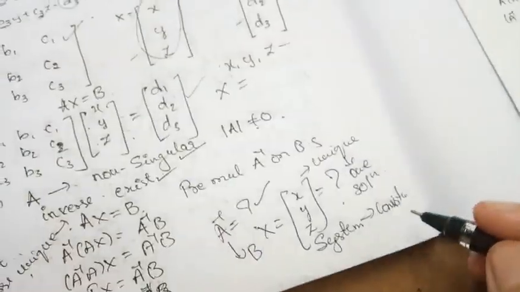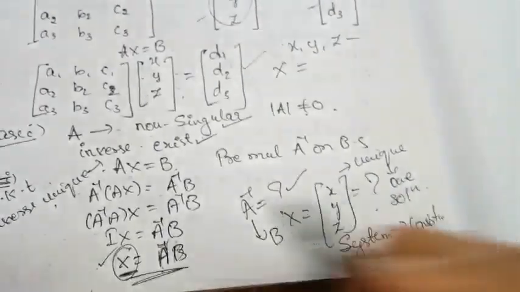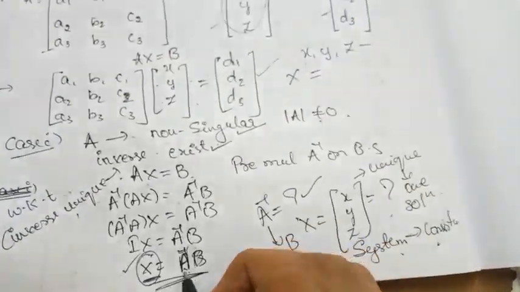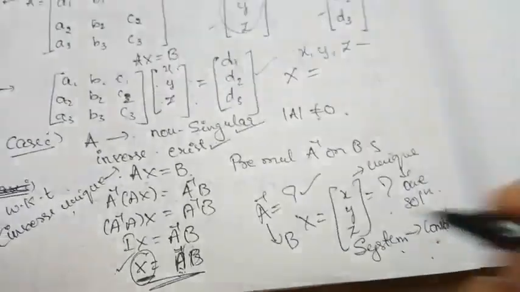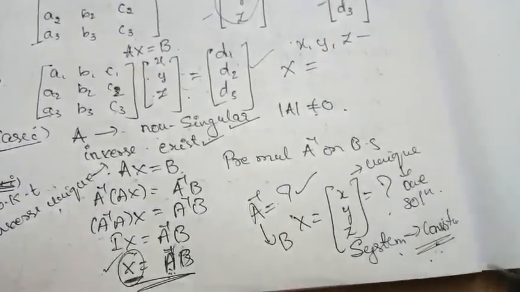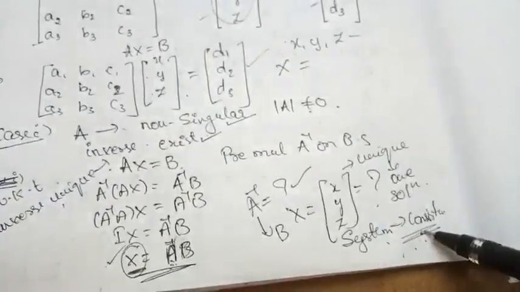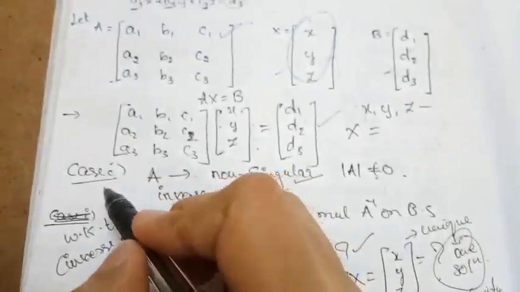Here it has only one solution, because we get a unique inverse. Therefore the system is a consistent system. So when A is non-singular, we get a consistent system with one solution. This is regarding case 1.